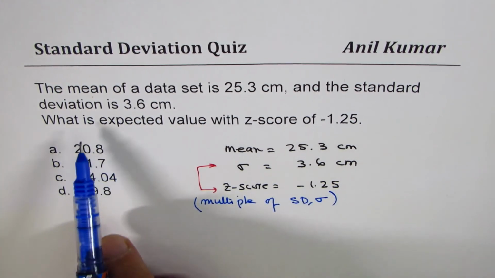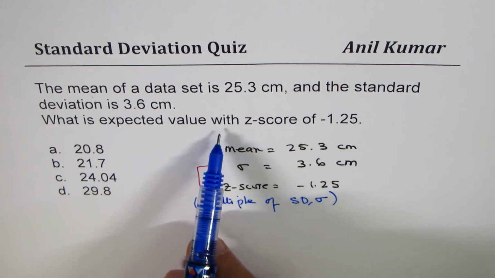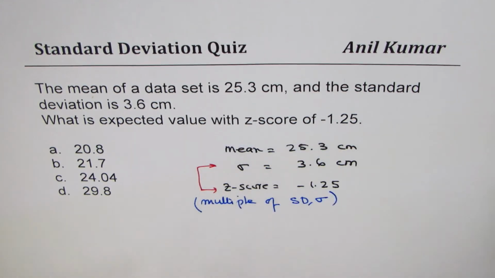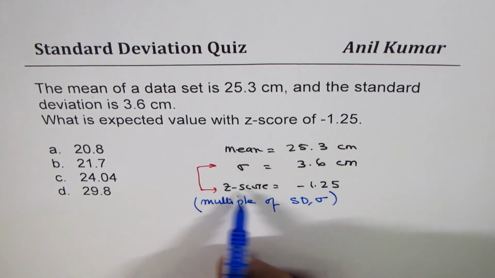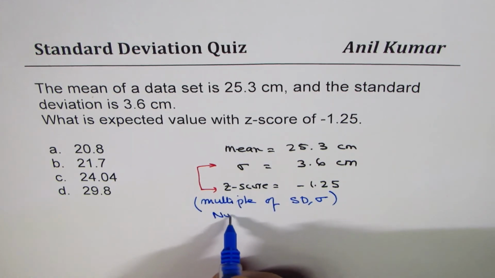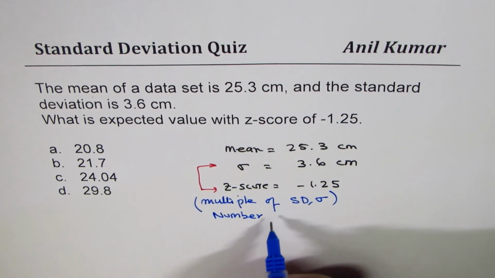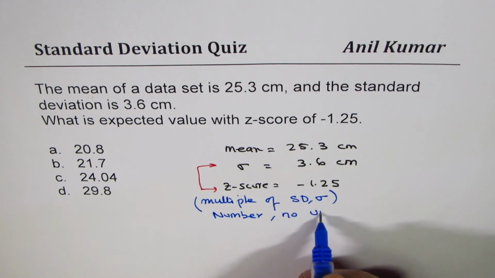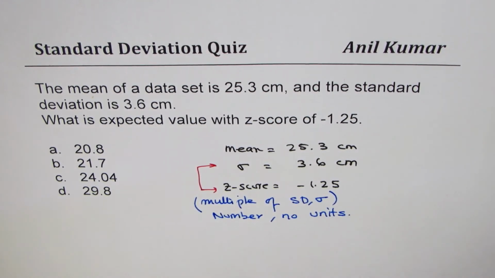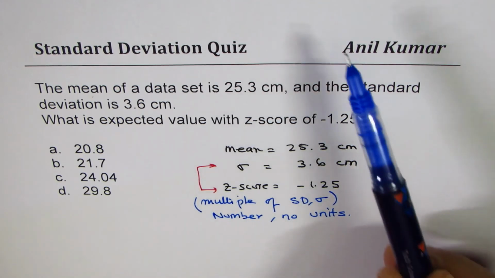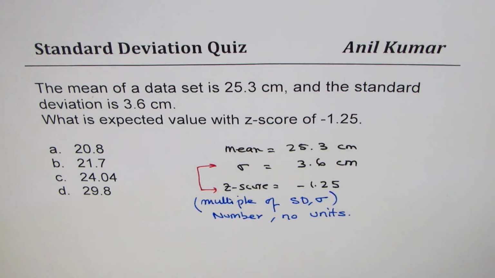Now it says, what is the expected value with a z-score of this? Second, you should remember z-score is a number, it does not have units. So as we go along, I'm going to answer many more questions. Look for the links on the top, which will give you practice questions based on z-score.